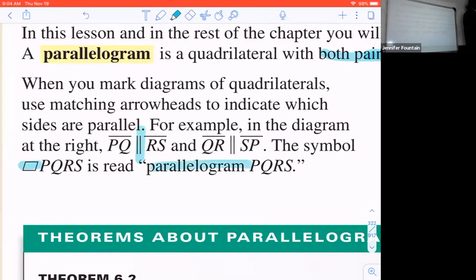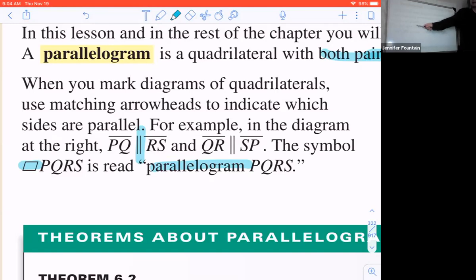Remember, we've talked about how our little two arrows like this mean parallel. So you don't have to write out the words "is parallel to," you can just do your two little lines. You write the letters of your side, the letters of your points with a line over it, then your parallel symbol, then the next two points that make a side with a line over it.